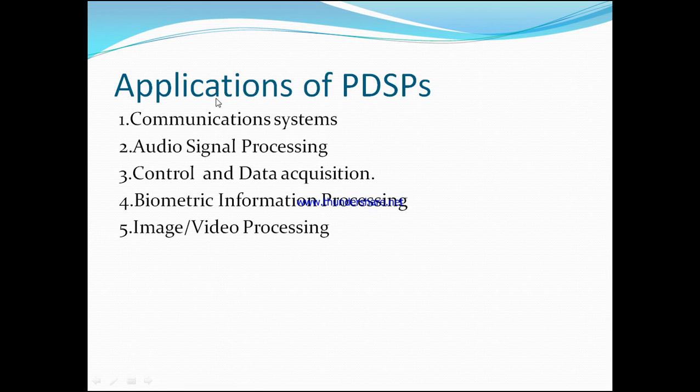Next we are going to see the applications of programmable digital signal processors. First one is communication systems. These processors have been applied to implement various communication systems, for example caller ID, cordless handsets and many others. Next one, audio signal processing.